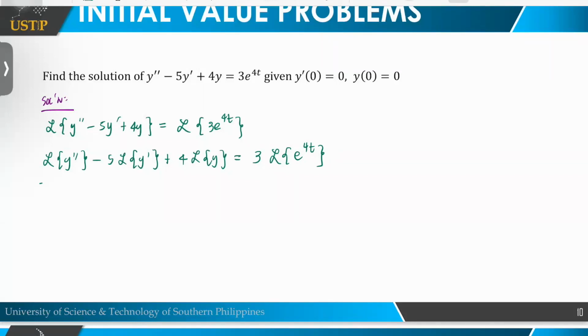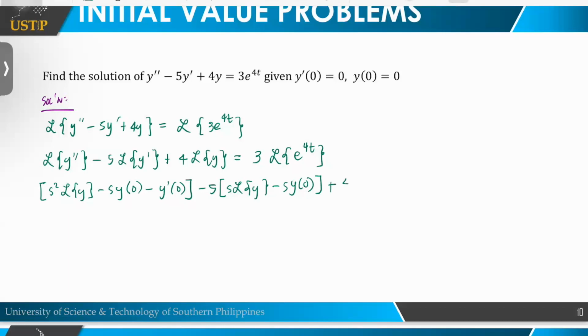Okay, and then substitute everything we know. So, the Laplace transform of y double prime is s squared Laplace transform of y minus s y of 0 minus y prime of 0. Okay? Minus 5 times the Laplace transform of y prime, which is s Laplace transform of y minus y of 0. Okay?